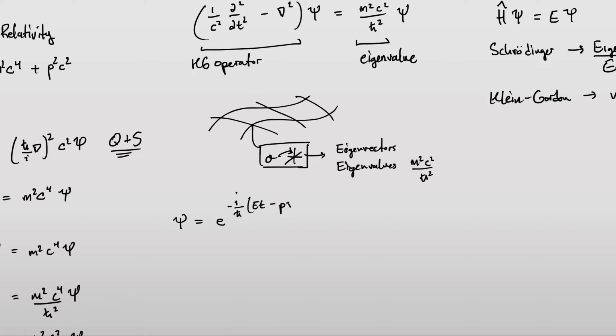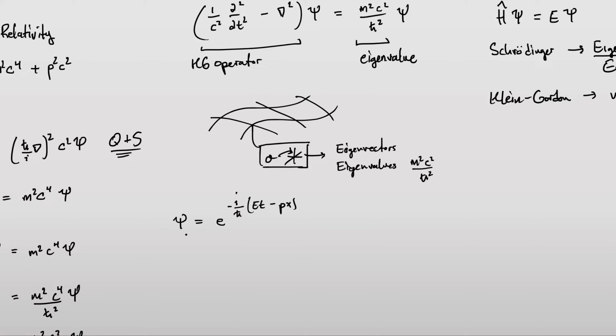Remember, whenever we have i in the exponent of e, that's a wave, an oscillatory function. We can go back all the way to calculus, to Taylor series, to prove that this is a wave.